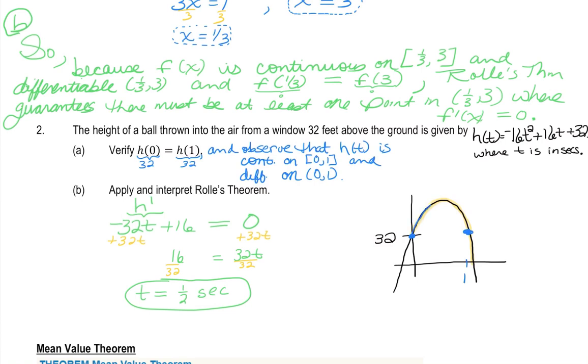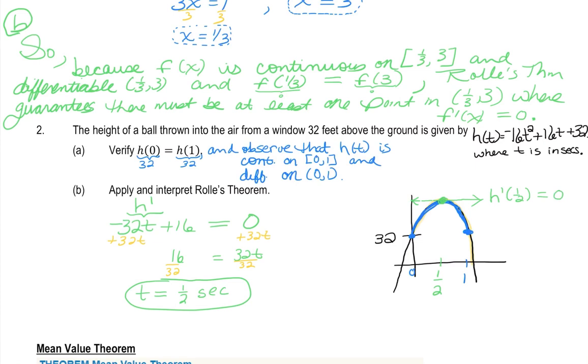So on this interval where we were continuous on the closed, differentiable on the open, and both f of 0 and f of 1 were equal to 32, we just found that at 1/2 of a second, again, this is not necessarily drawn perfectly here, but at a 1/2 a second, we had our location where f prime, I guess this isn't really f, is it? Where h prime of 1/2 is equal to 0.